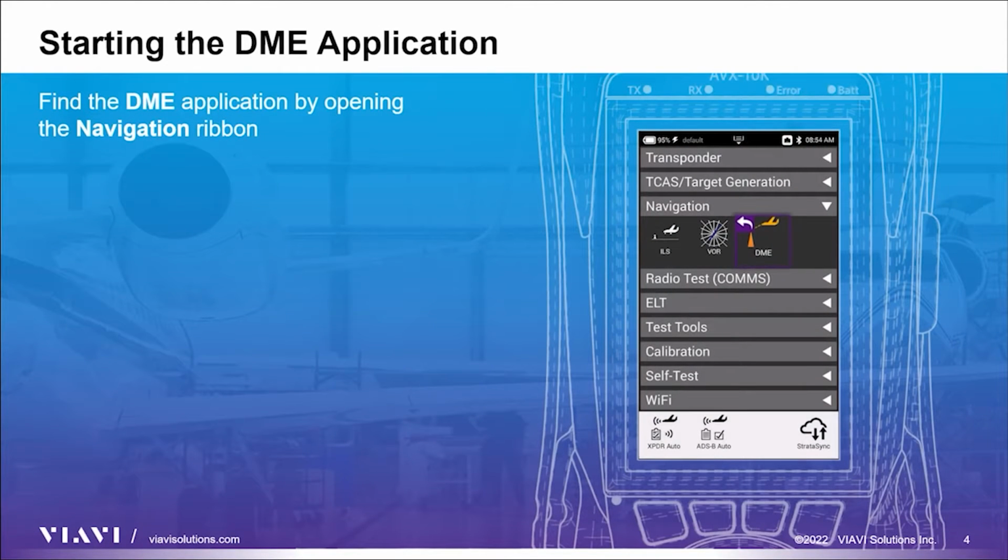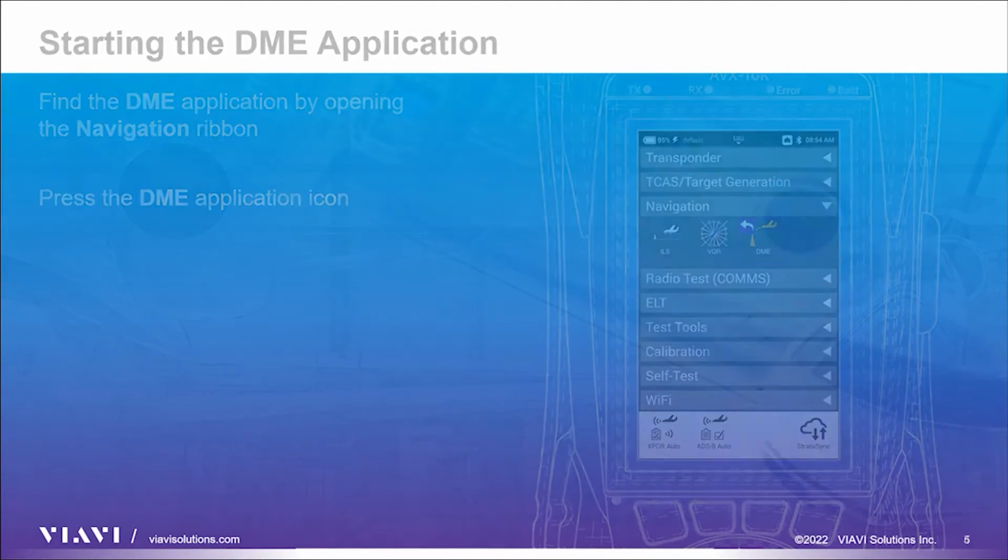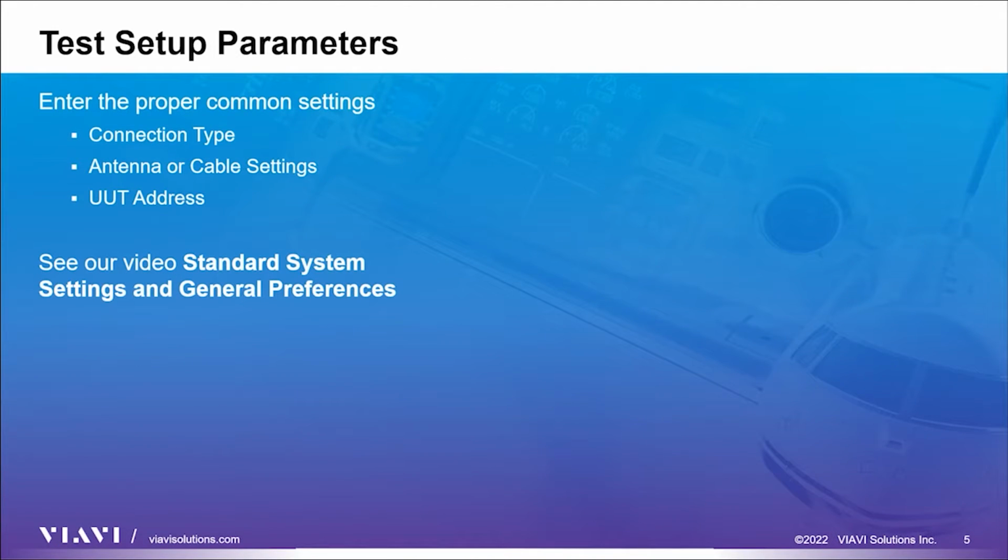After turning on your test set, open the navigation ribbon and select the DME application. Before we start our testing, let's go over the unique test setup parameters. The common test setup parameters, like test method, gain and loss settings, and coupler loss, have all been covered in our video titled Standard System Settings and General Preferences.